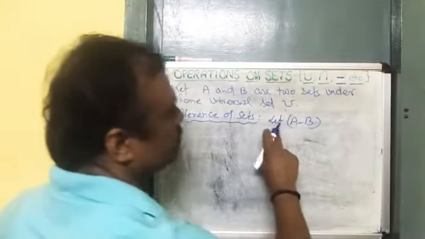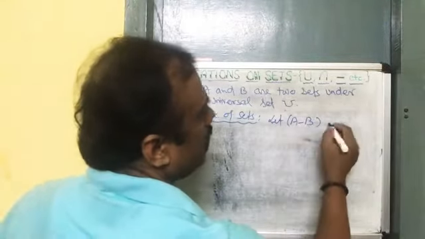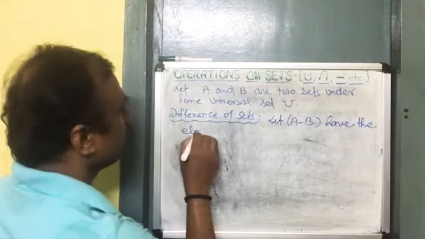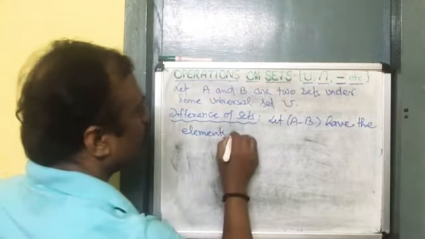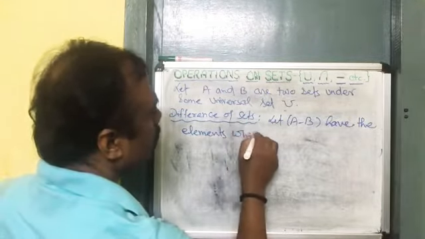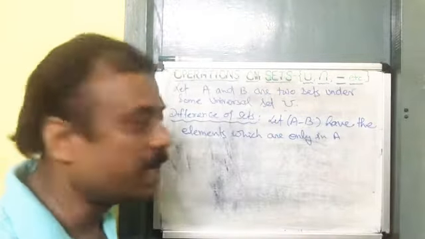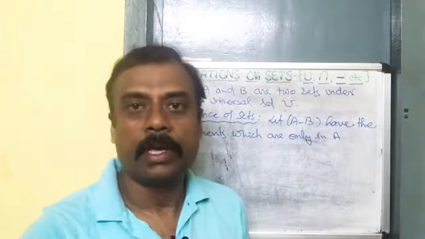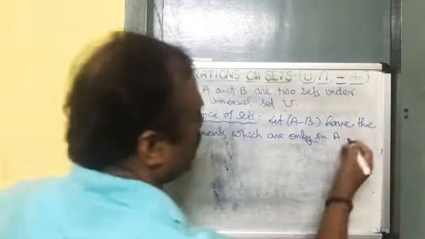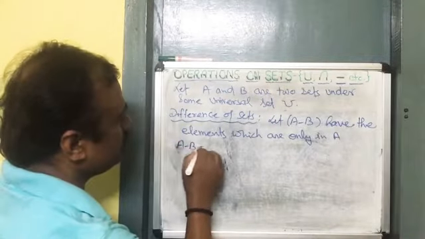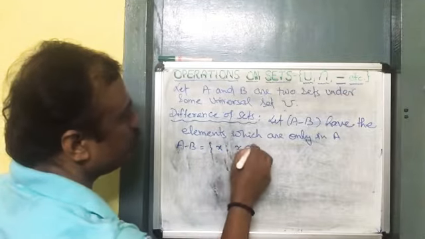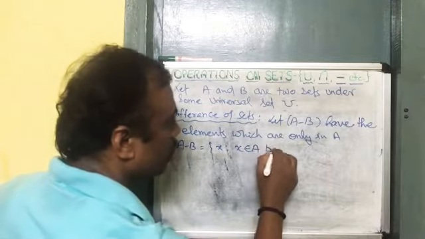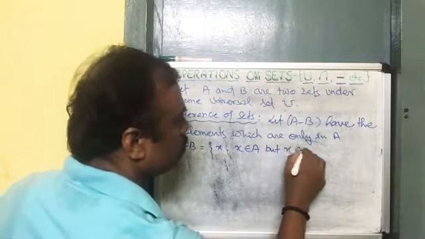The difference of two sets, A minus B, has the elements which are only in A, meaning we remove the common elements from A. I can define it as A minus B = {x such that x belongs to A but x does not belong to B}.